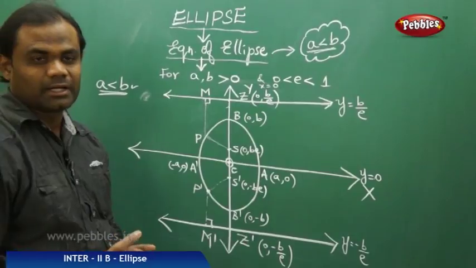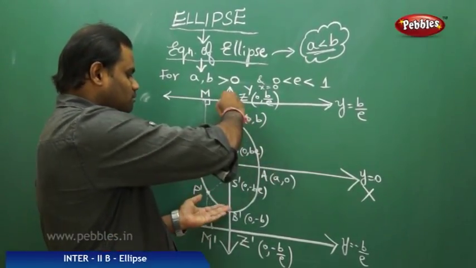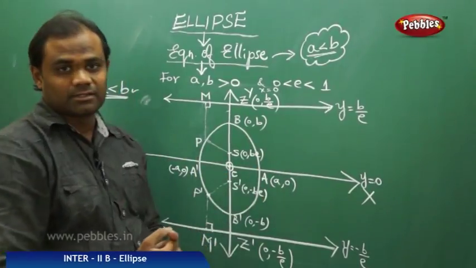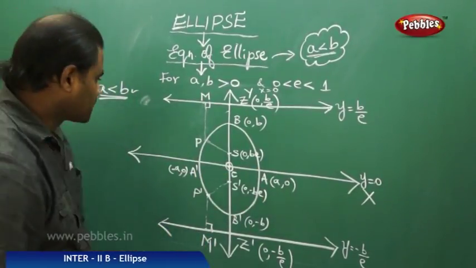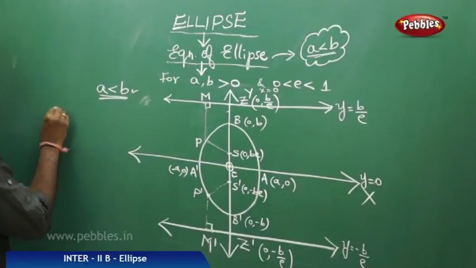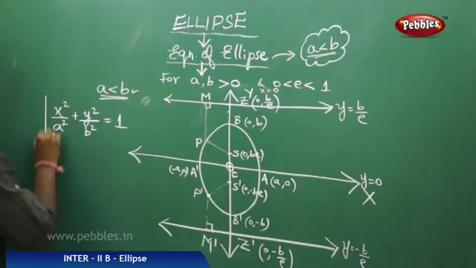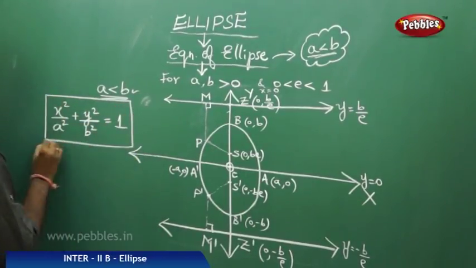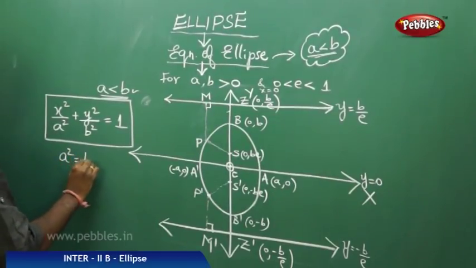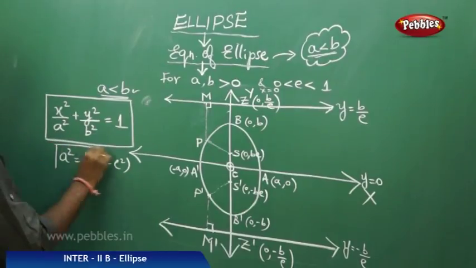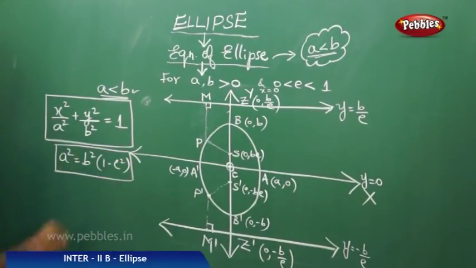The only difference is that the major axis shifts to the y-axis and the minor axis shifts to the x-axis, compared to the previous case. The equation of the ellipse is given by x square by a square plus y square by b square equals 1.